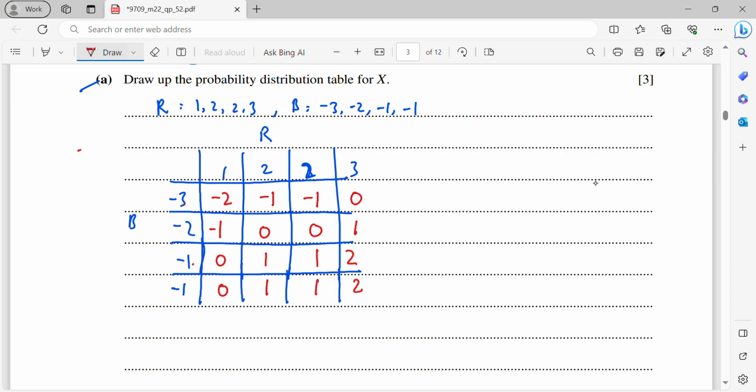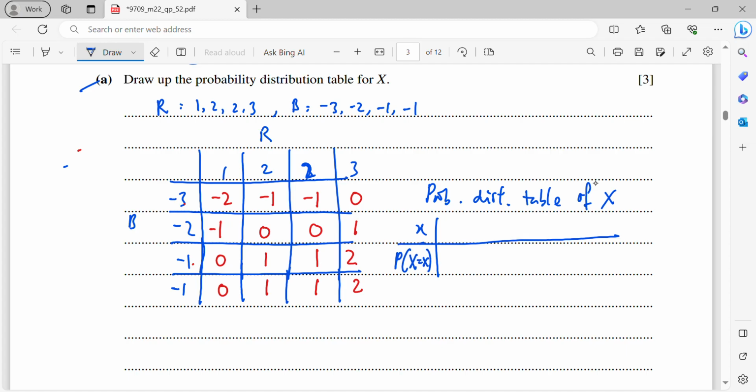Alright. So from here, I will get my probability distribution table of X. Obviously from the table, X takes a few values.